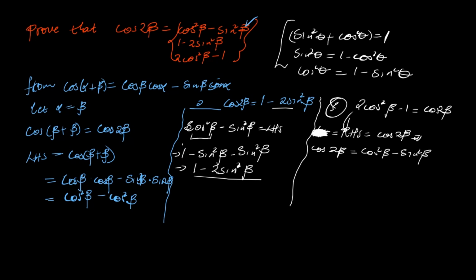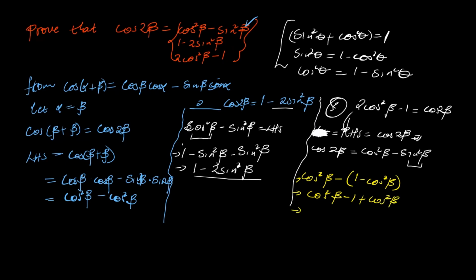So now we are going to change this one. In changing that, we can safely say cos squared beta minus, where we see sine squared beta, we write 1 minus cos squared beta. Thereafter, we distribute the negative: cos squared beta minus 1 plus cos squared beta.